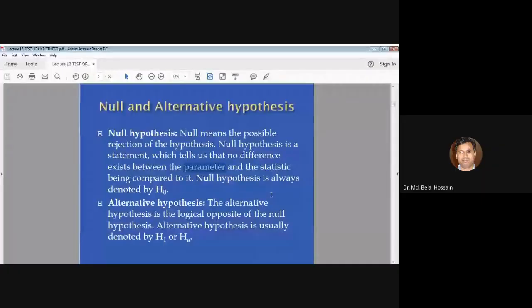So we are talking about null hypothesis. You can see now, right? Yes sir, now I can see. So the hypothesis that we assume first, we will call the null hypothesis. And we always represent the null hypothesis with H0. And alternative hypothesis is when we claim something logically opposite to that null hypothesis, we represent it by H1 or HA for alternative hypothesis.